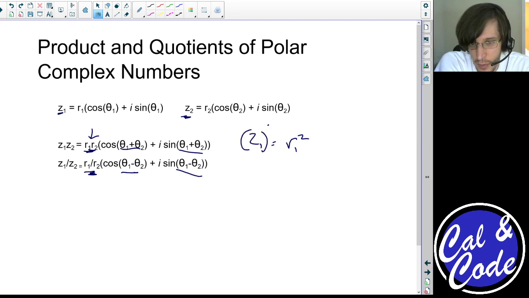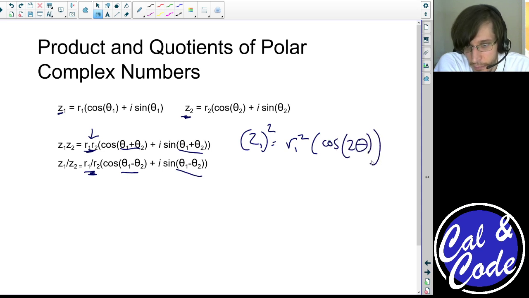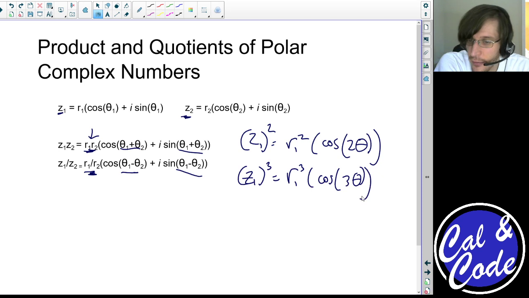So if it's z1 squared, it's going to be r1 squared, and then cosine of 2 theta. And if I did it 3 times, like z cubed, it'd be r1 cubed times the cosine of 3 theta, because I'd be adding it all together again.